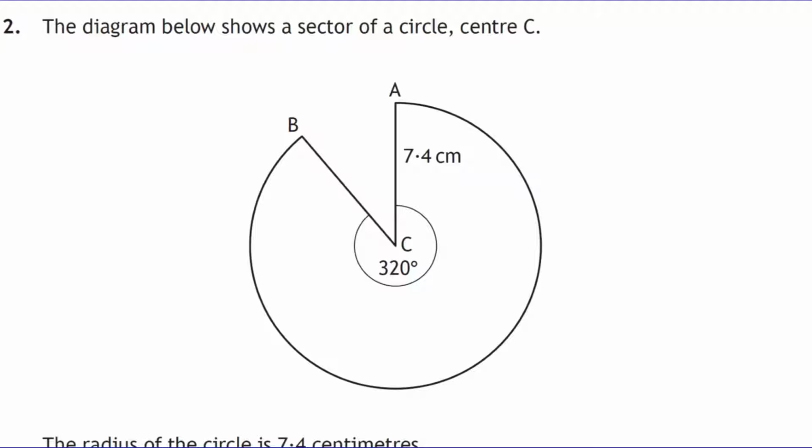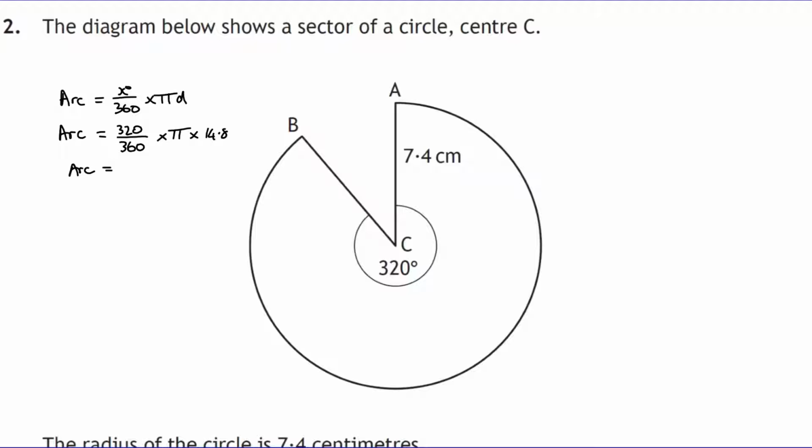So, arc length equals angle over 360 times pi d. In this case, that's going to be 320 for the major sector, over 360, times pi times 14.8.